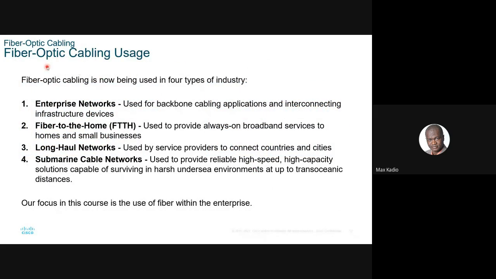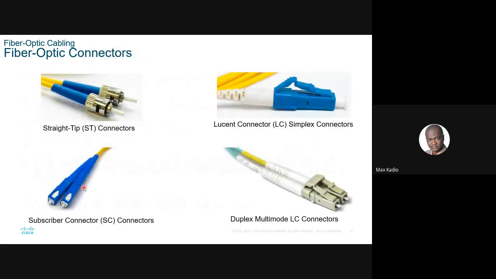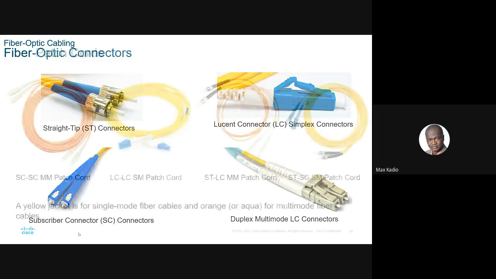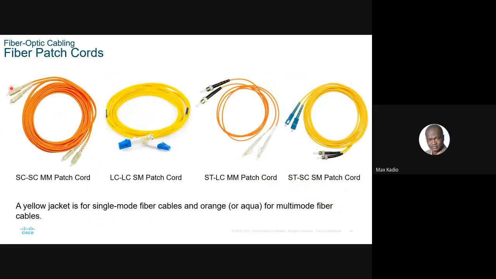And we use fiber nowadays for internet, as you know. Now to connect, if you have a fiber cable, you have different connectors. You can read if you want to, but just to give you information, you see the connectors.